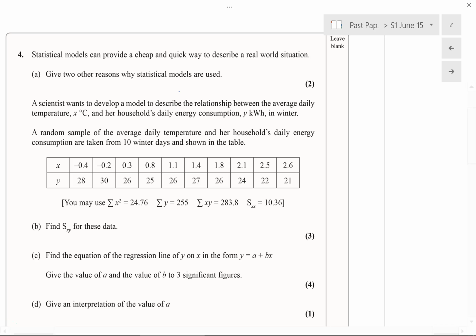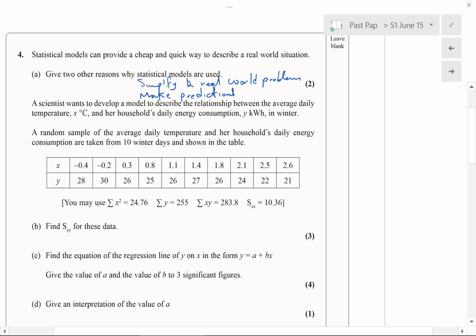We might use statistical models to simplify a real-world problem, that is an obvious one, and make predictions are the most obvious that spring to mind here.